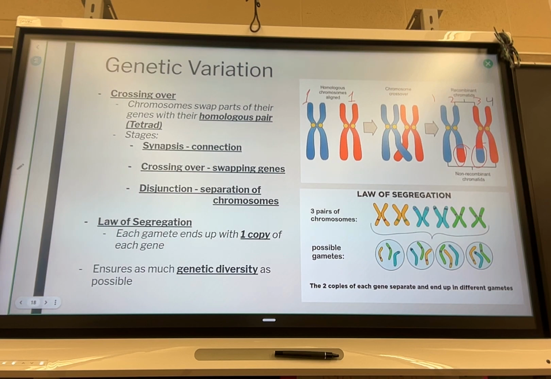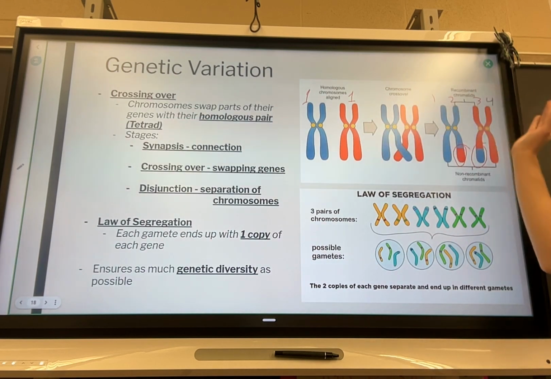Does the first one have part of red? So where did the red come from? The other chromosome. So this one, let's say chromatid number 1, is purely dad's side. Chromosome 2 is mostly dad, but we have the genes that we swapped from the mom side. Chromosome 3 is going to be mostly mom, but a little bit that we swapped from dad. And then chromosome 4 is going to be purely mom. So that is how we're going to vary a lot of the genetics in this case.